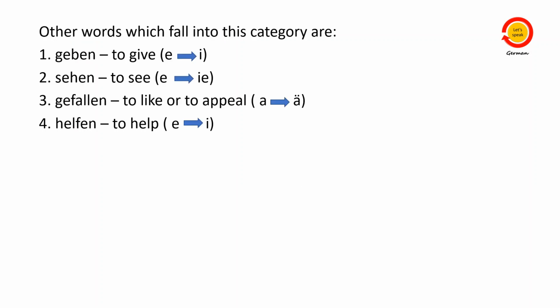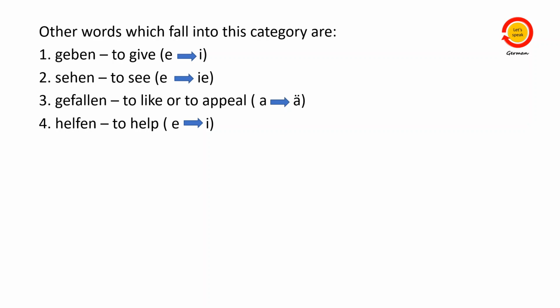Other words which fall into this category are geben, to give, where E changes to I; sehen, to see, where E changes to IE; gefallen, to like or to appeal, where A changes to A umlaut; helfen, to help, where E changes to I.